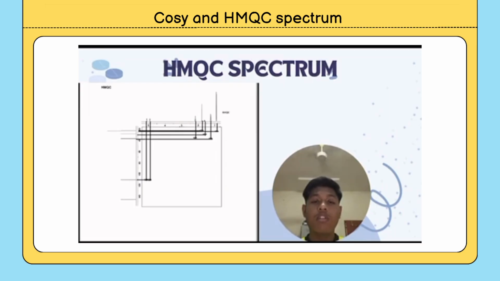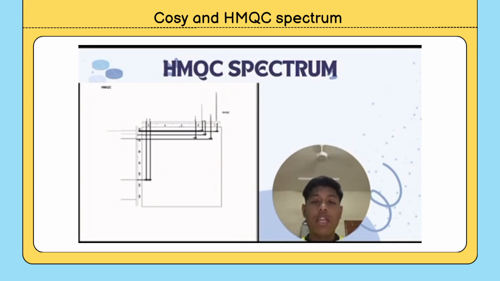Now, moving on to the HMQC spectrum. This is a heteronuclear spectrum that connects the protons to the carbon atoms they are directly bonded to. It helps assign which proton signals belong to which carbon signals. From this plot, we can match the protons at 1 ppm to carbons around 10 to 20 ppm, which are likely methyl groups.